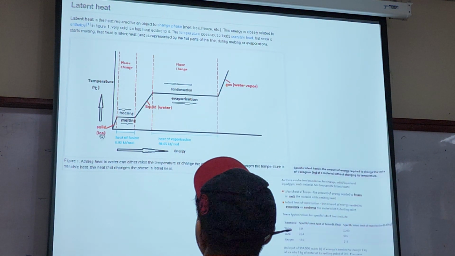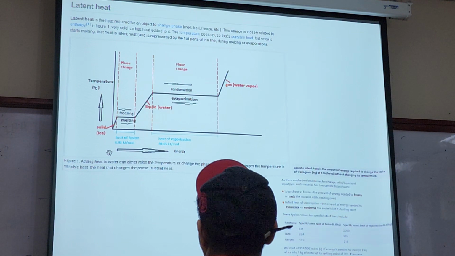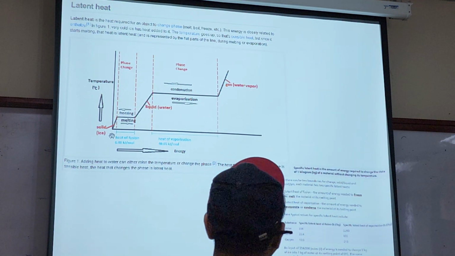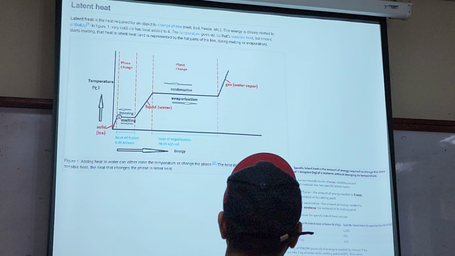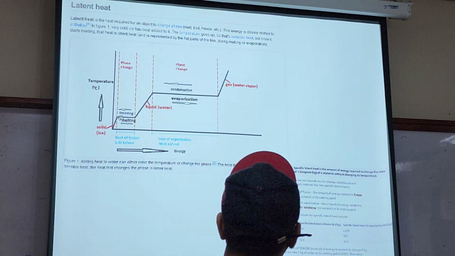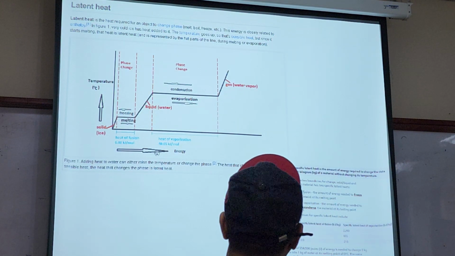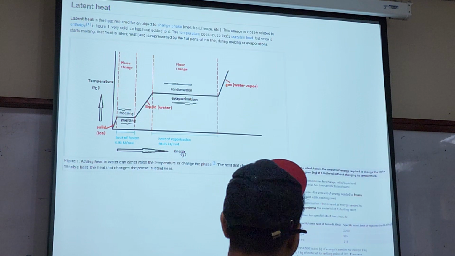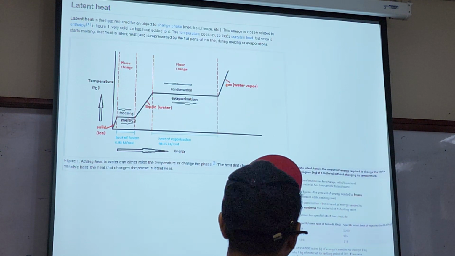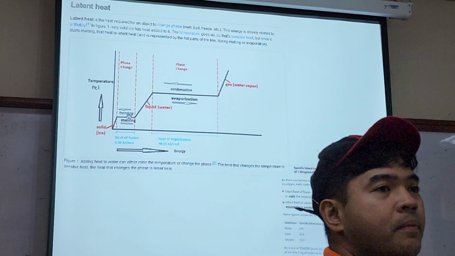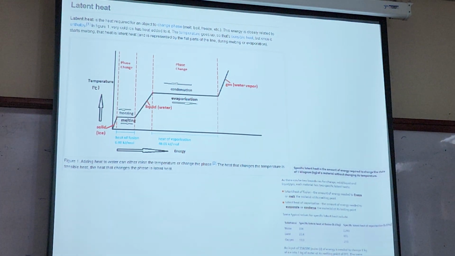Okay, so you started off as a solid ice, then you can see that the temperature increases, then it will start to melt. Once it has melted, even though you are progressively providing heat as energy, look at the temperature. Does it increase? This is what we call latent heat. Latent means kind of like dormant.